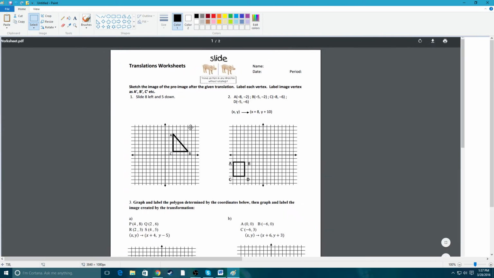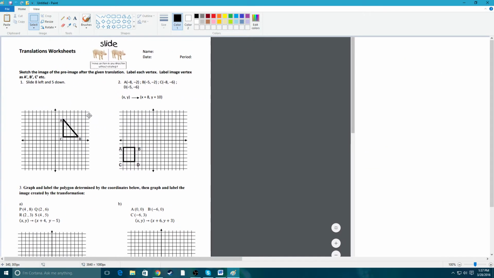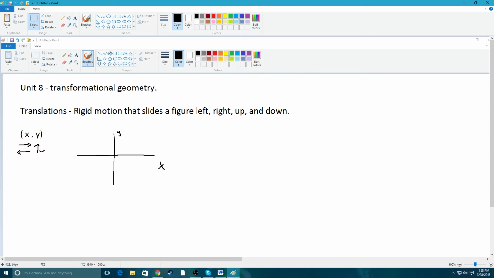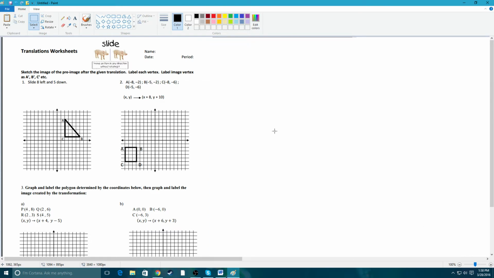Okay, over here we're going to work with translations worksheets. There are a couple ways that we can do a translation. The first one is just regular old counting.